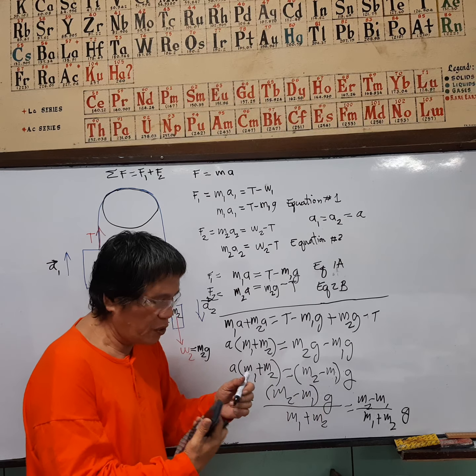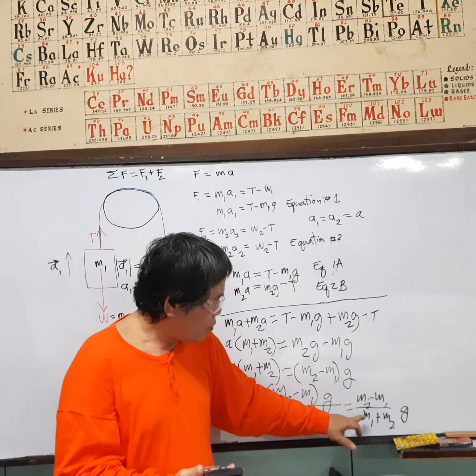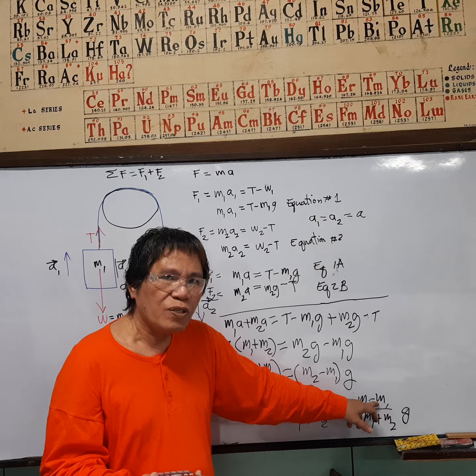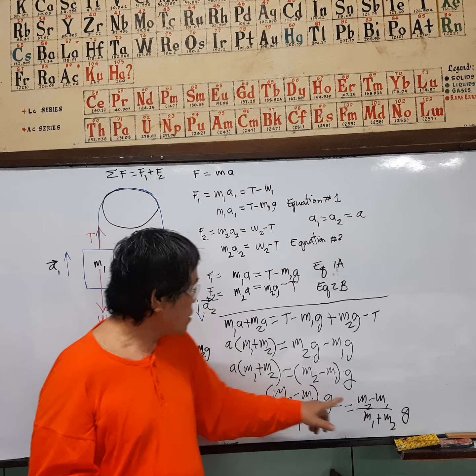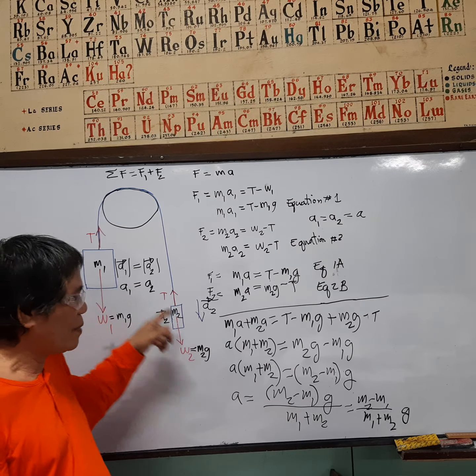So you substitute here. M2 is 1,000, M1 is 1,200.